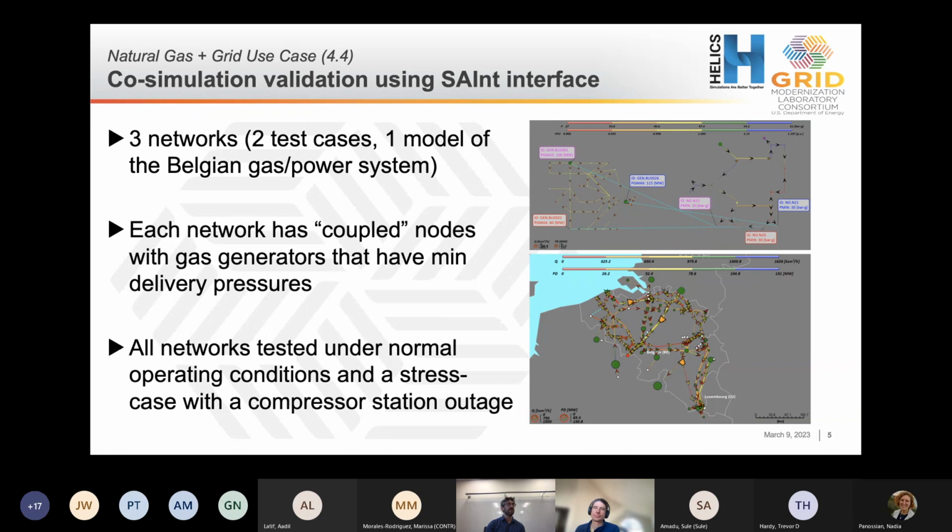I think the other part that we started looking at, but didn't focus on too much, is that the co-simulation approach we really looked at was one directional, so the gas offtakes from gas-fired generators. And not things like electric compressor stations on the gas network that require electricity.